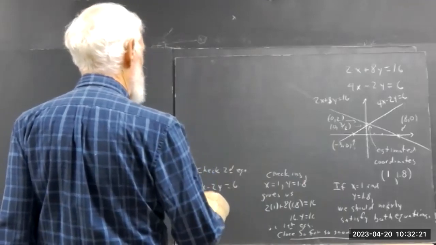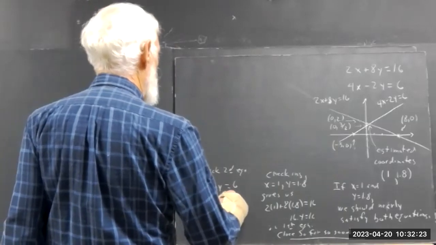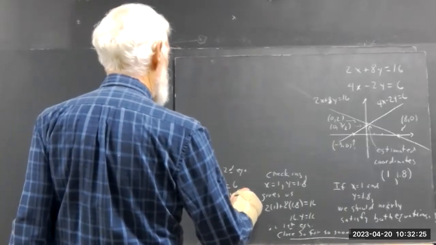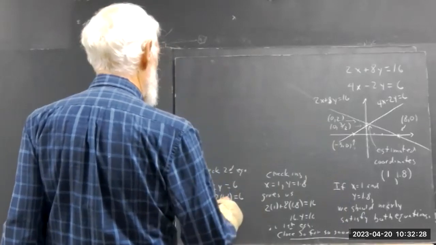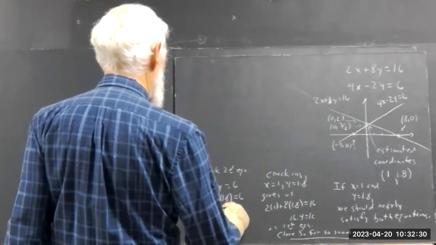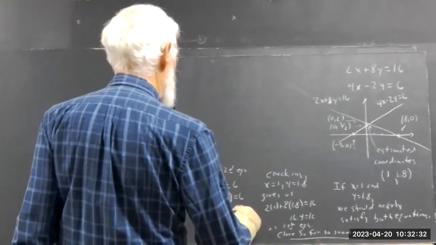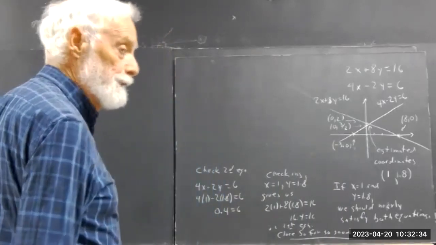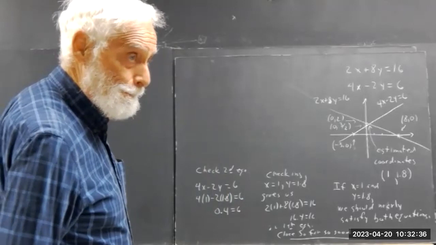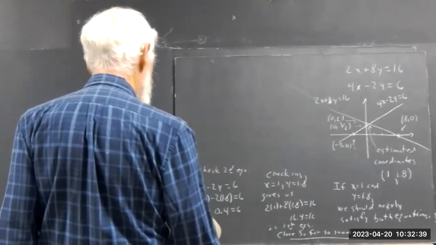We plug in 1 for x, plug in 1.8 for y, and we get 0.4 equals 6. Okay, that's a disaster.